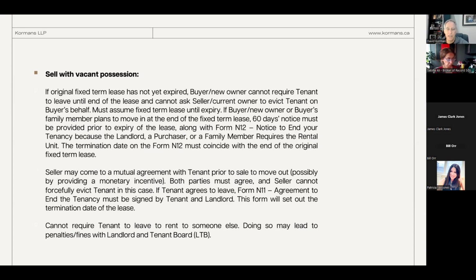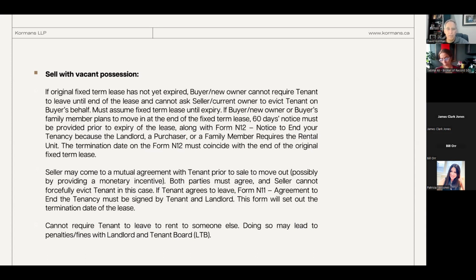The tenant can stay there. So the new buyer, whoever's going to buy this property, can't require the tenant to leave until the end of the lease, and cannot ask the seller who's trying to sell the property to evict the tenant on the buyer's behalf. So the buyer would have to assume the fixed term lease until the expiry.